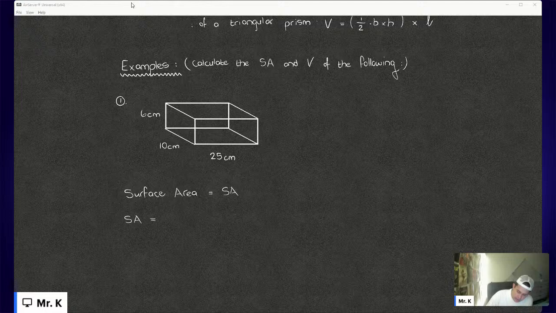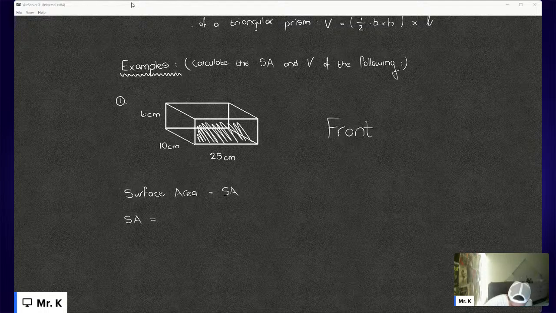So if I look at this shape that we've drawn over here, this rectangular prism, we can think of it as pretty similar to a shoebox, right? Think about the different sides of a shoebox, guys. We're going to have the front of my shoebox, which is over here, as well as the back of the shoebox, which is going to be this side over here.